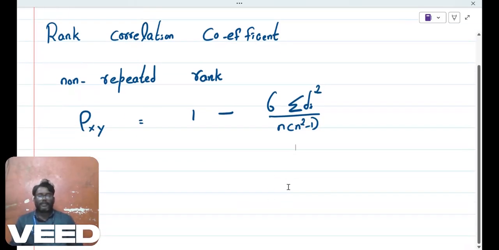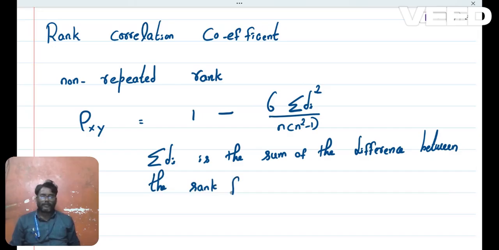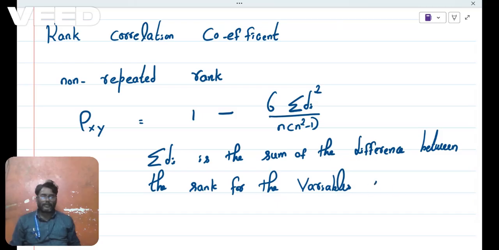Here di denotes the difference between the rank of the variable x and y, and sigma di square is the sum of the squares. Here n denotes the number of data.